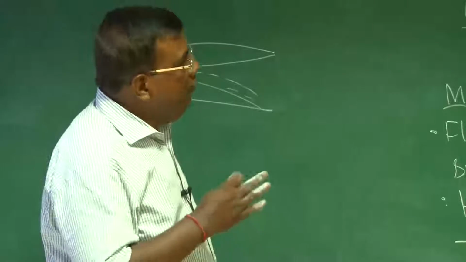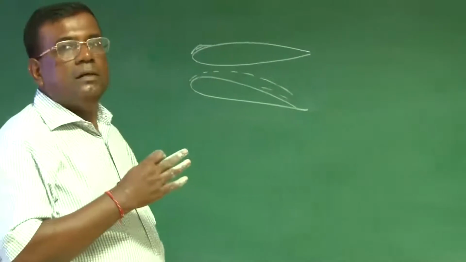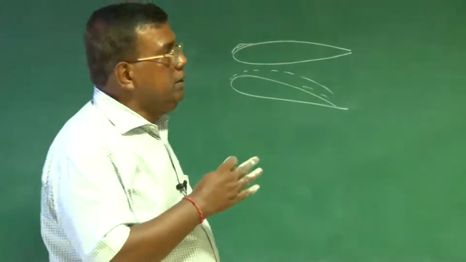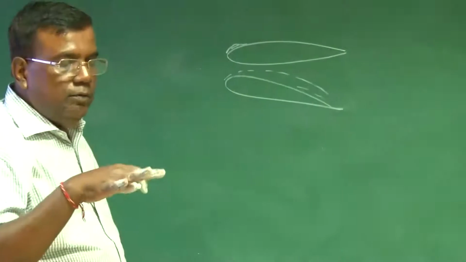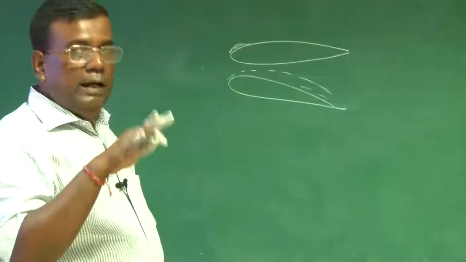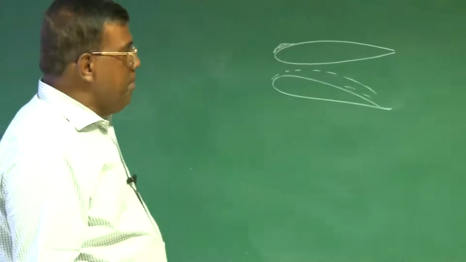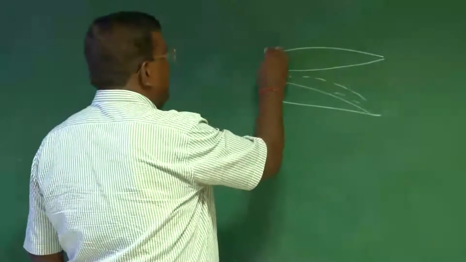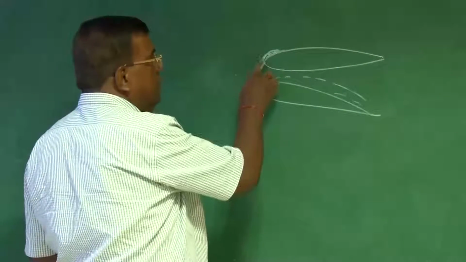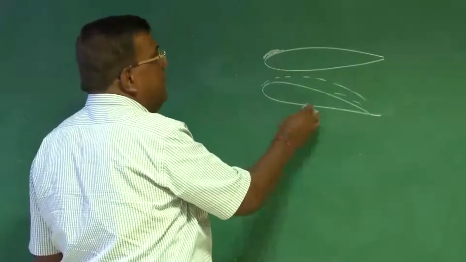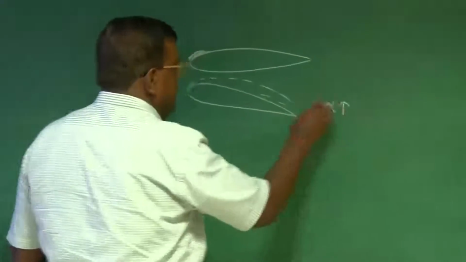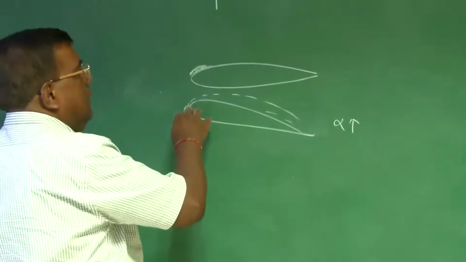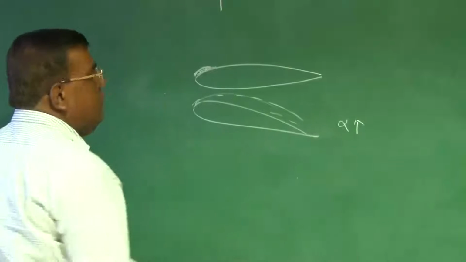That's what a designer should be very clear about if you are working with this sort of aerofoil, depending upon what flight regime you are flying, what angle of attack you are flying. So typically, at small angle of attack, there may be separation, but it reattaches. But as angle of attack is increased, there is no reattachment, and suddenly you will find the whole flow separates.